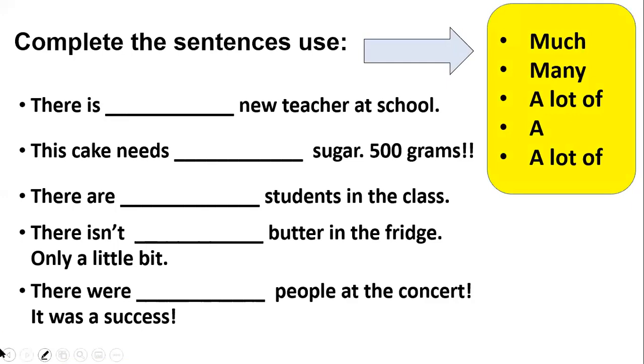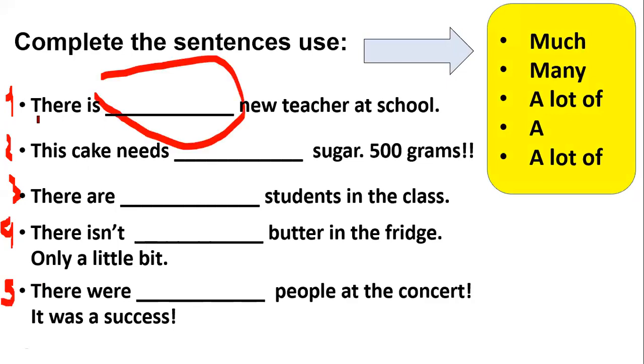But I want you to make a list in your notebook: 1, 2, 3, 4, and 5. And what I want you to put is only the answer. So number 1, what is the answer for number 1? Number 2, what is the answer for number 2?